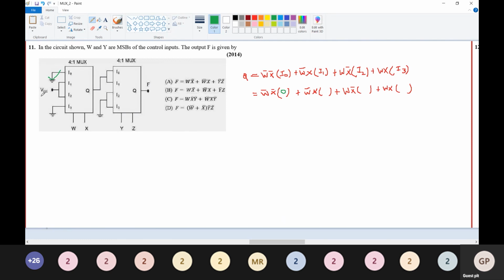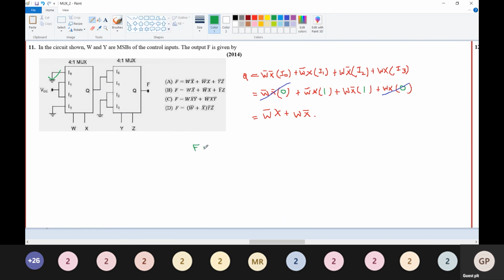I1 is VCC, which means plus 5 volts, so it is 1. I2 is also VCC, so it is 1, and I3 is grounded, so it is 0. So the I naught and I3 terms get cancelled, and therefore Q is equal to W dash X plus W X dash. We'll keep it as is.